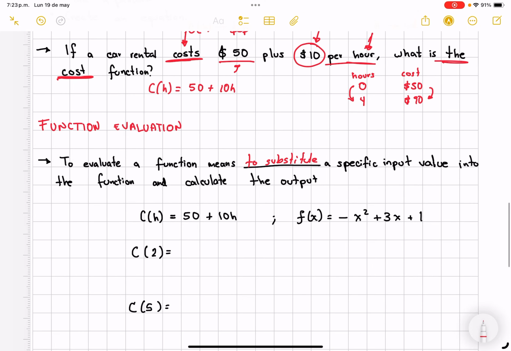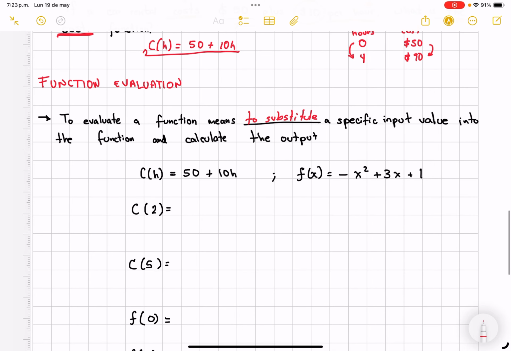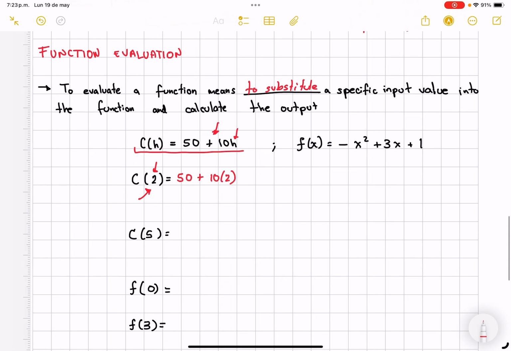For example, in this case, the cost depends on this rule, okay? So when we use a car for 2 hours, how much money are we going to pay? So it's 50 plus 10 times the hour, now this value is 2, okay? I'm going to substitute the h for a 2.